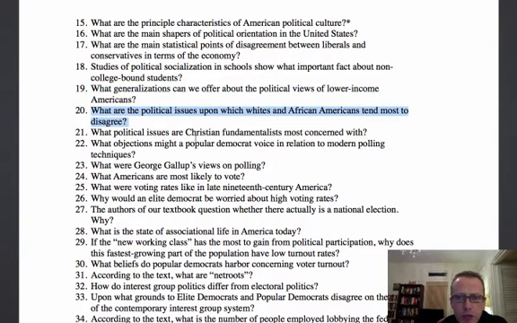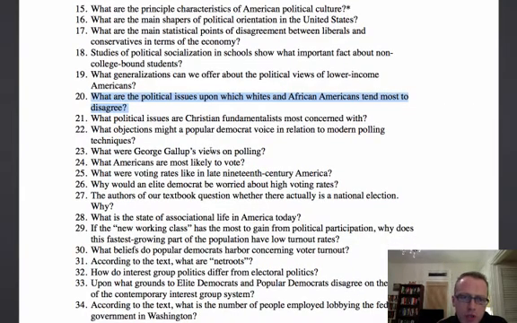What are the political issues upon which whites and African Americans tend most to disagree? Well, classically, this is to do with issues of distribution.